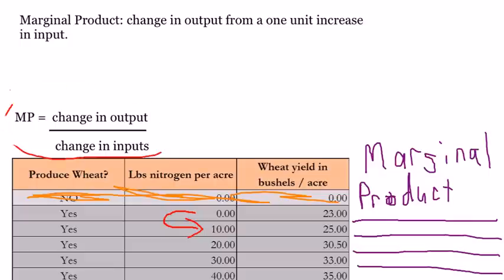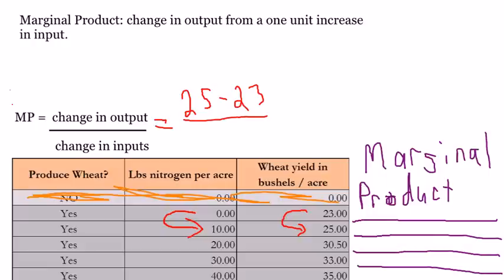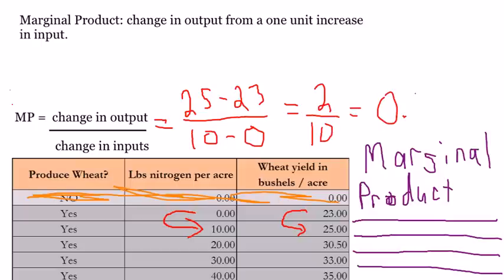The change in output when we go from 0 to 10 pounds of nitrogen: we go from 23 to 25 bushels per acre, so 25 minus 23. The change in inputs went from 0 to 10 pounds, so 10 minus 0. We have 2 up here, over 10, so 0.2.